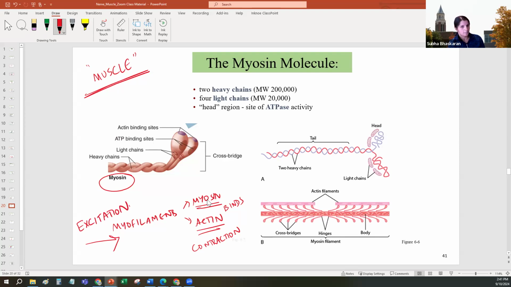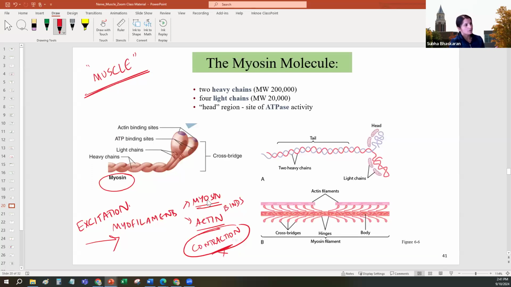What does that mean? For the myosin to bind with actin, that's called contraction, right? Excitation is the first step. Without excitation, there is no contraction. Can you please understand that? Okay. The muscles cannot contract without stimulation.